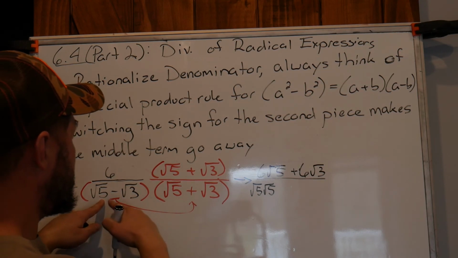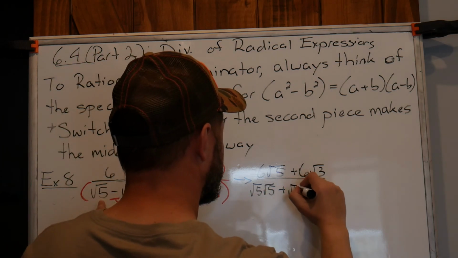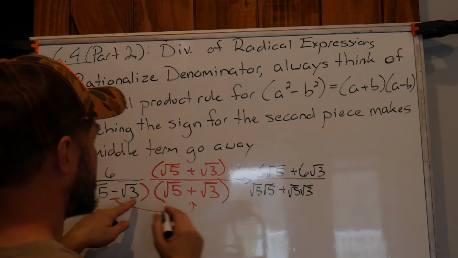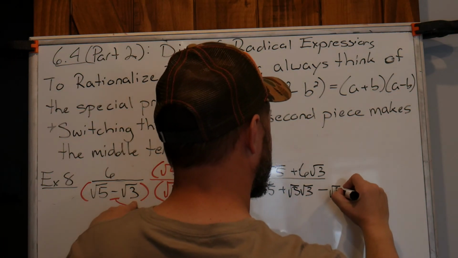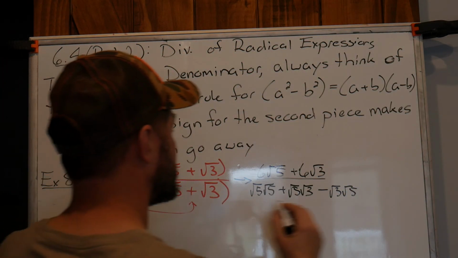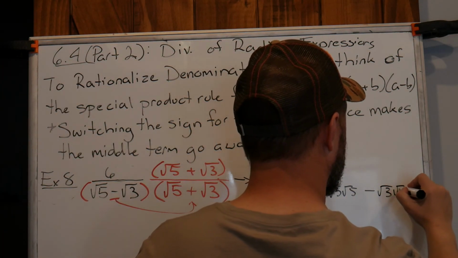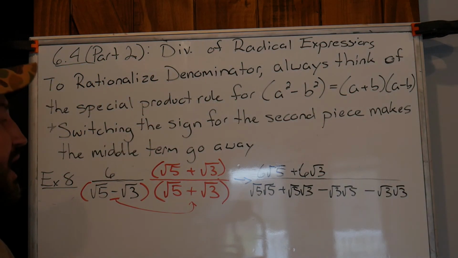Then I'm going to take my positive times my positive, square root of 5 times square root of 3. Then I'm going to take my negative times my positive, and I'm going to have a square root of 3 times square root of 5. Then I'm going to take my negative times my positive and have a negative square root of 3 times square root of 3. This proves the why.